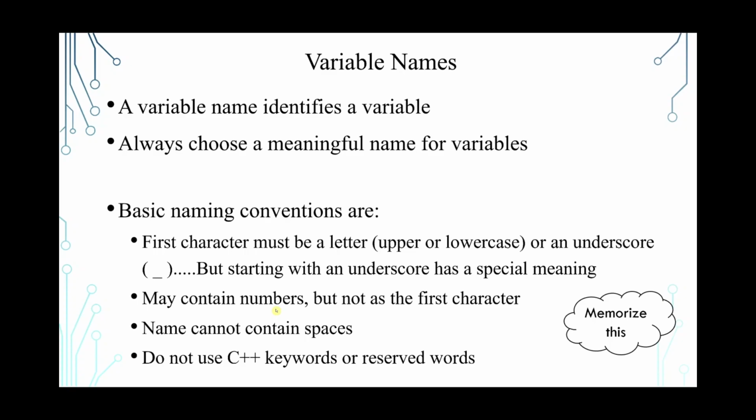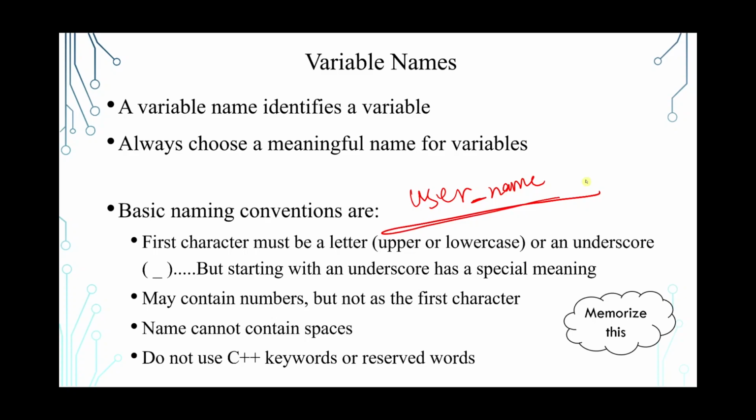The first character cannot be a number. Name cannot contain spaces. Instead of spaces, you can have underscores. So if I do username, I can do user, then underscore, then name. That is an underscore. A space is not allowed.